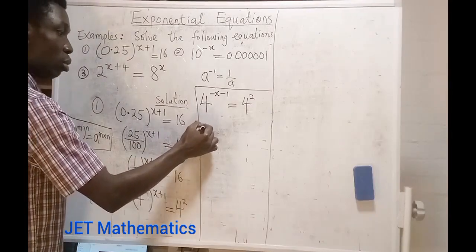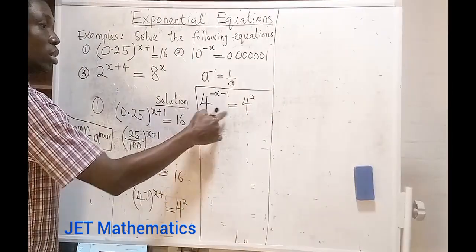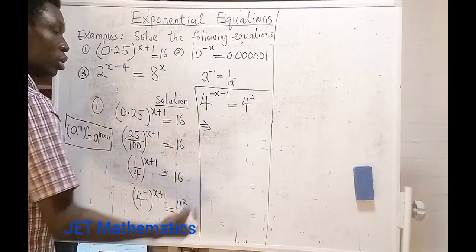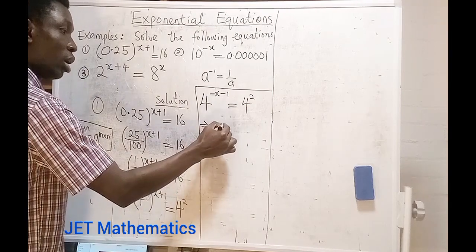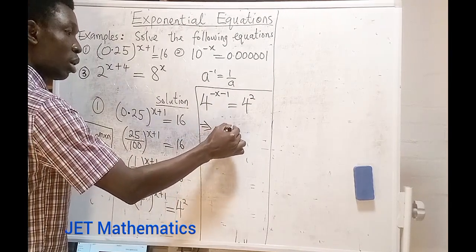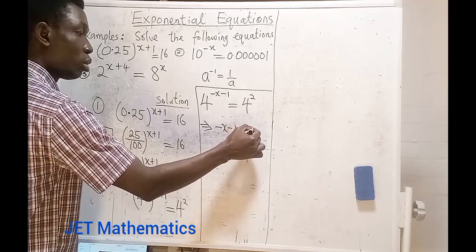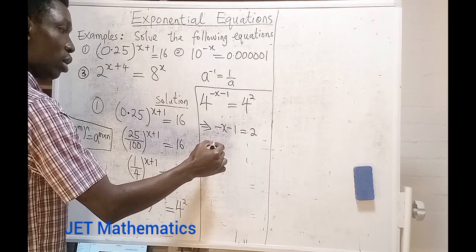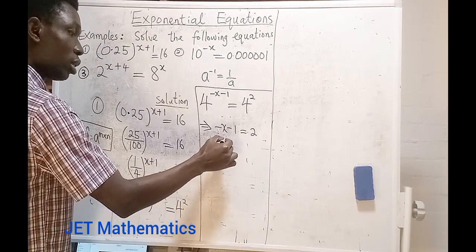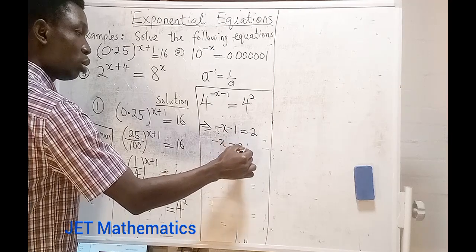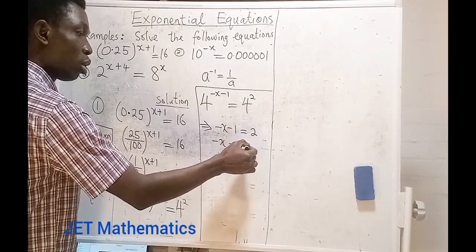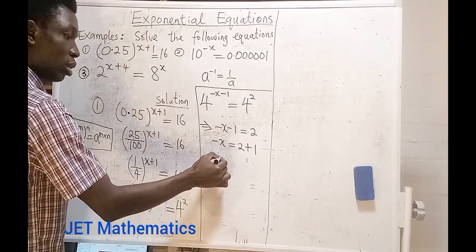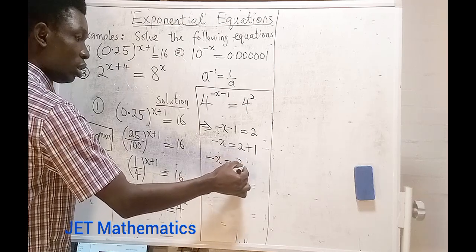Since this is equal to this, it must be that the powers, the exponents, are equal. So we have minus x minus 1 is equal to 2. So solving this, we have that minus x is equal to 2, and this goes here plus 1. So here we have minus x is equal to 3.